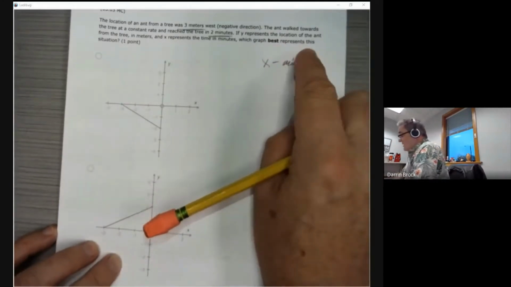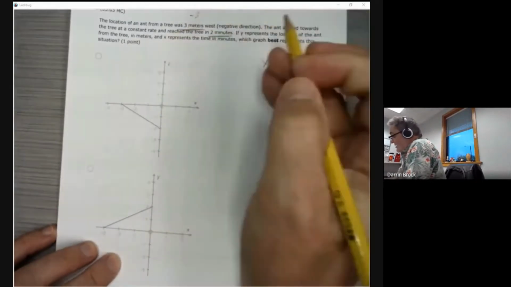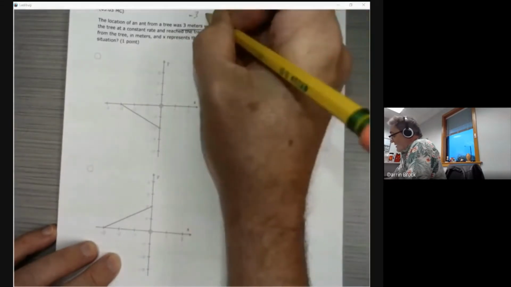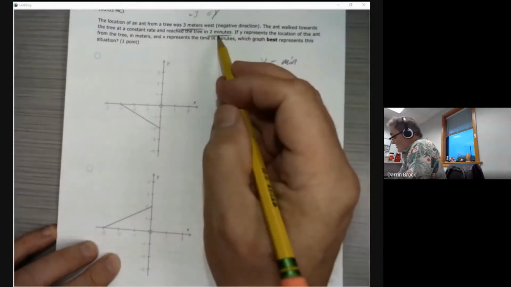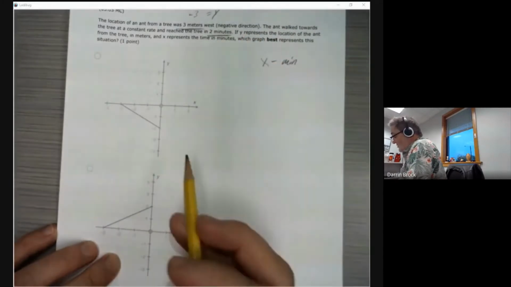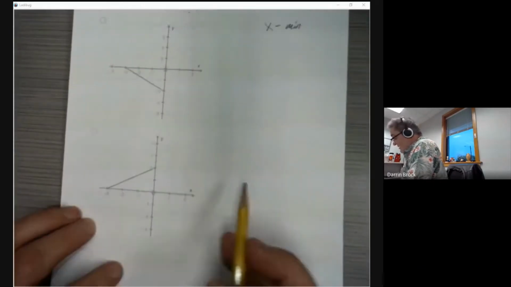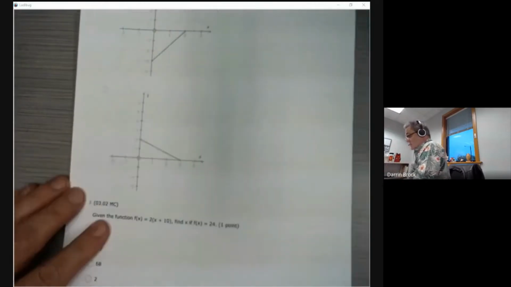Okay, so it started at -3, because 3 meters west, and it took 2 minutes. So -3, and this is on the y, because we're talking about the y, and 2 minutes. So we need one where the x goes for 2 minutes. This x went 1, 2, 3 minutes. This x went 1, 2, 3 minutes. Let's look at the other choices.